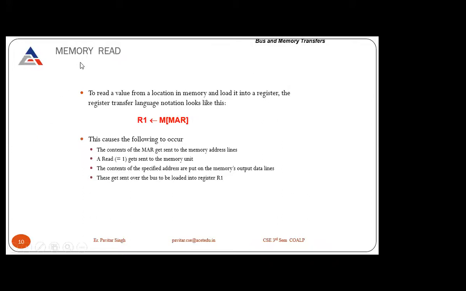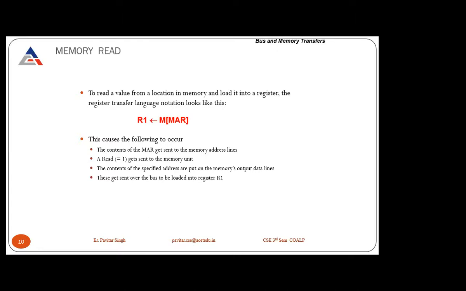So this is the memory read operation. To read a value from a location in memory and load it into a register, the register transfer language notation looks like this. R1 ← M[MAR], or it will be written as R1 ← M[AR].